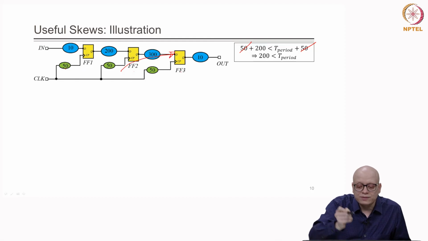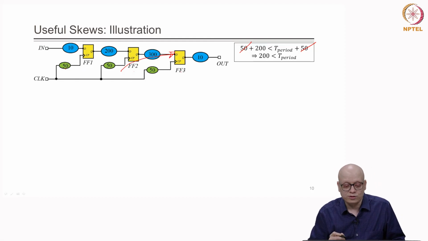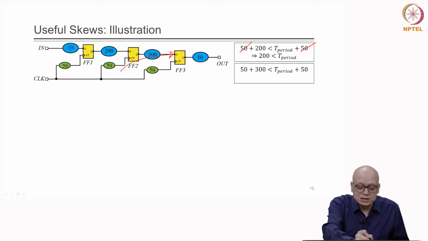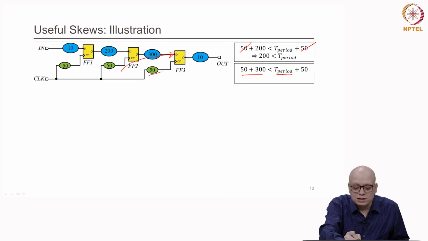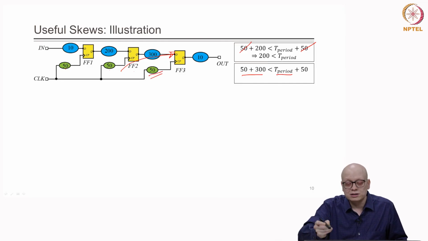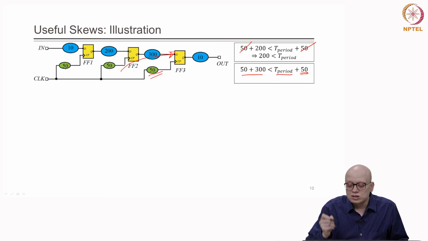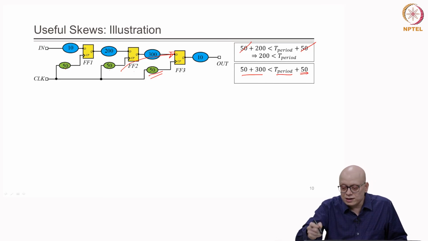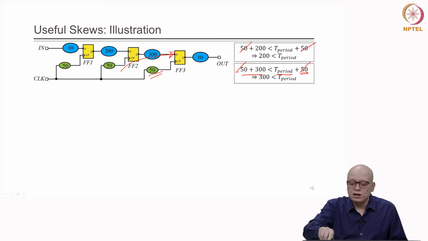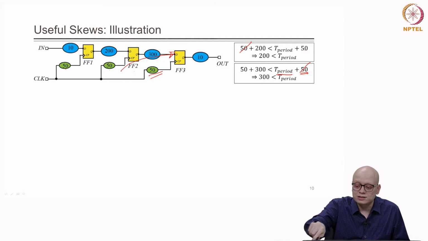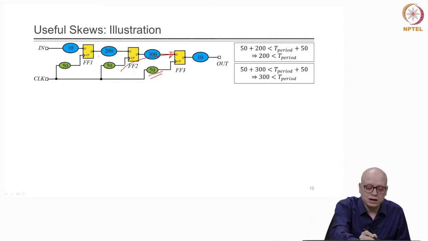Now, let us look into the other path in which FF2 is working as the launch flip flop and FF3 is working as the capture flip flop. What is the arrival time? 50 plus 300, right, and the required time similarly is T period plus 50, where 50 is the clock delay of this part, right. If we cancel out the 50s, we get T period should be greater than 300, right. So, we have two constraints, one coming from this path and the other from this path.